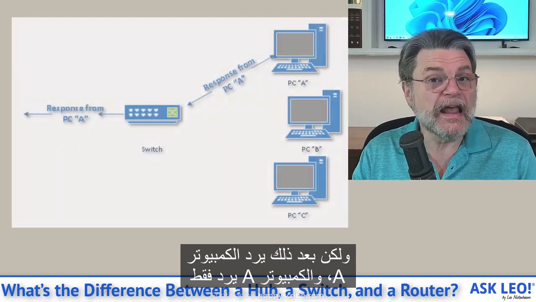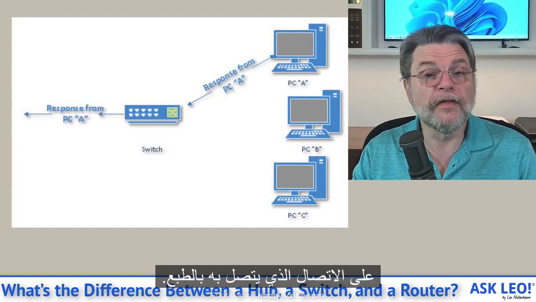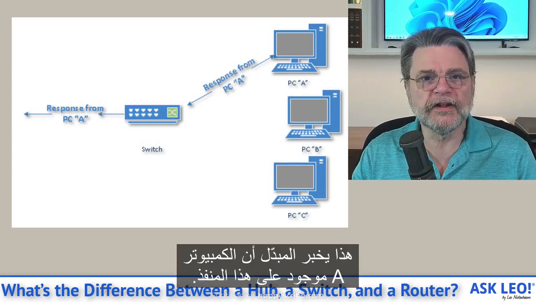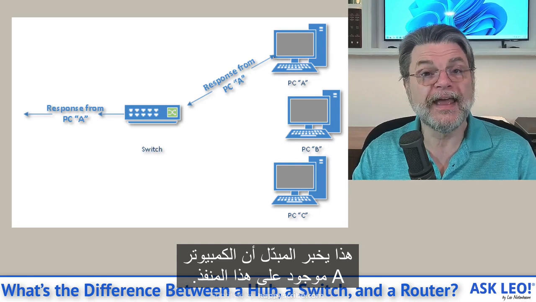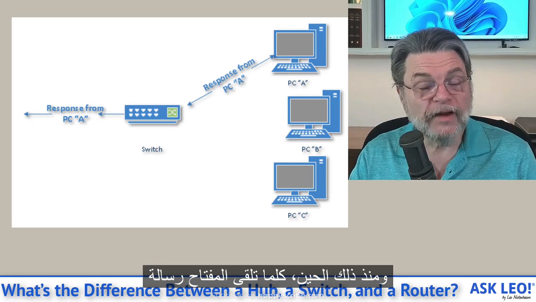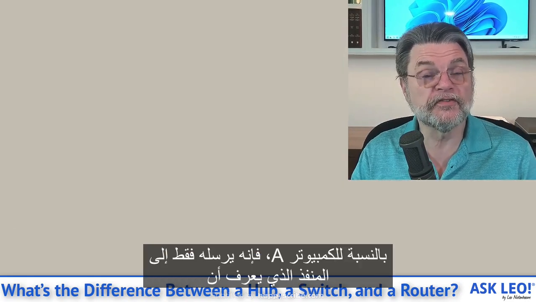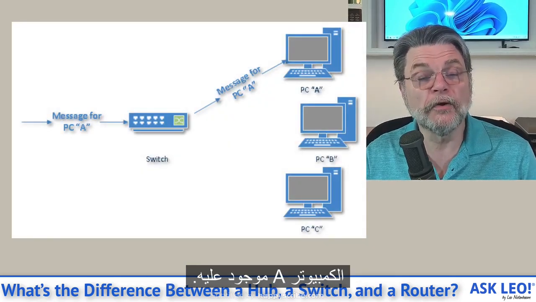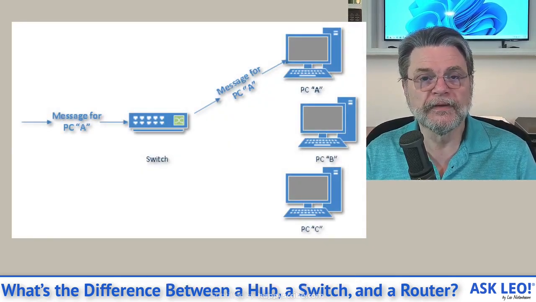And computer A responds only on the connection, of course, that it's connected to. That tells the switch, oh, computer A is on this port. And from there on out, whenever a switch gets a message for computer A, it only sends it out to the port that it knows computer A is on.